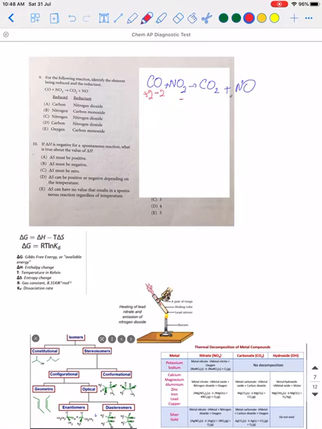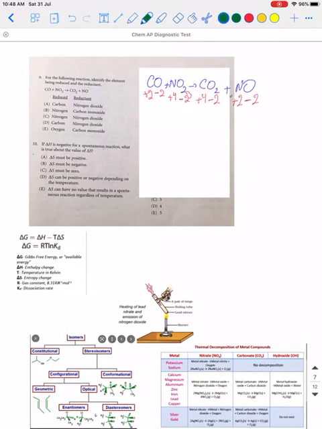The oxygen in nitrogen dioxide is also -2. -2 times 2 is -4, which makes nitrogen +4, because +4 minus 4 equals 0. The oxygen in carbon dioxide is also -2, which makes the carbon +4, and the oxygen in nitrogen monoxide is -2, which makes nitrogen +2.